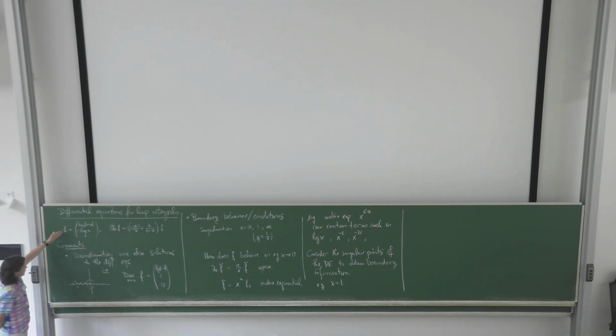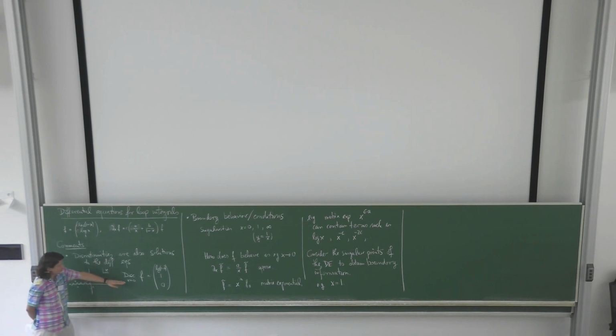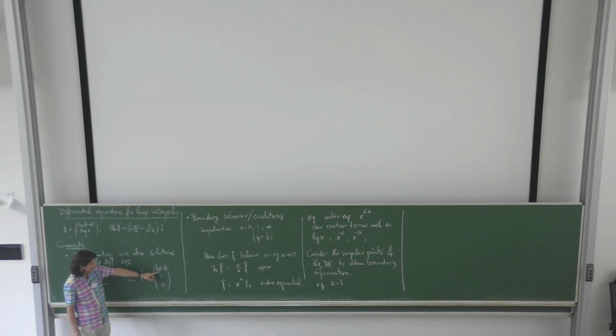However, the function f that we wrote down happened to be completely finite, regular as x goes to 1. So why does the differential equation even know about this? Well, as you take a discontinuity, you get this function here, and that function has a branch cut at x equals 1.